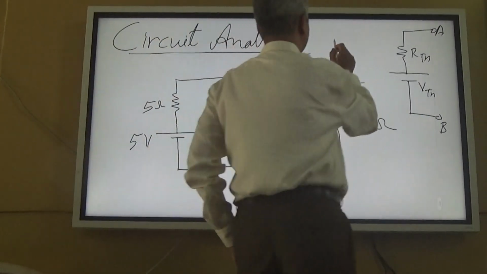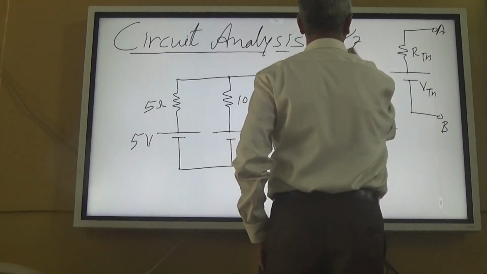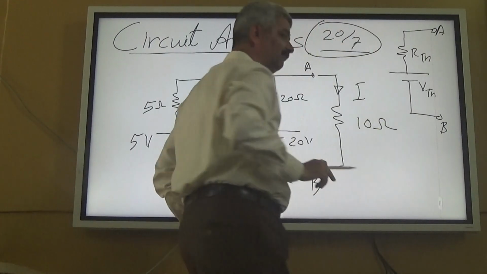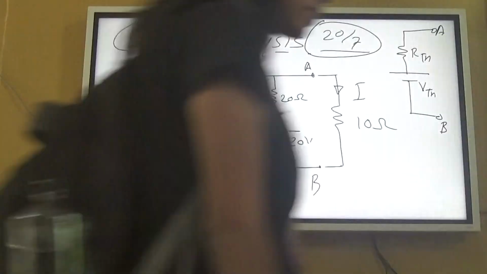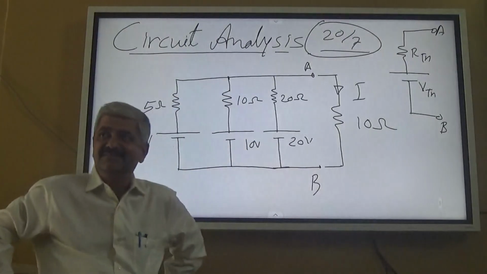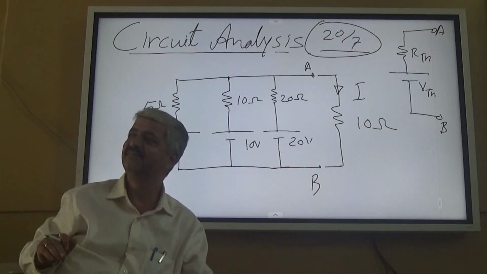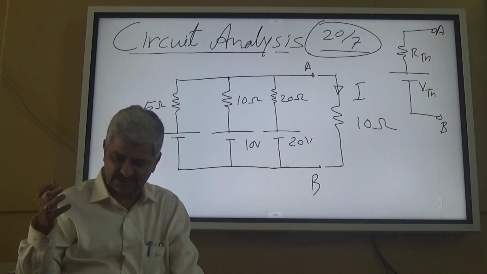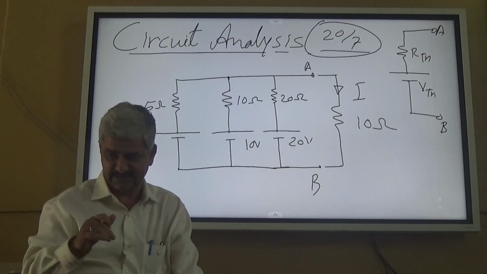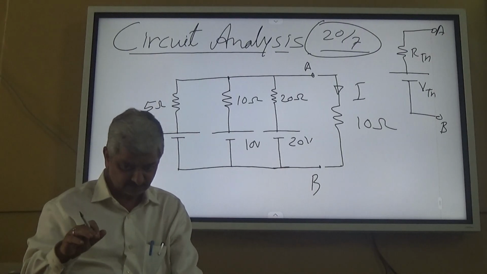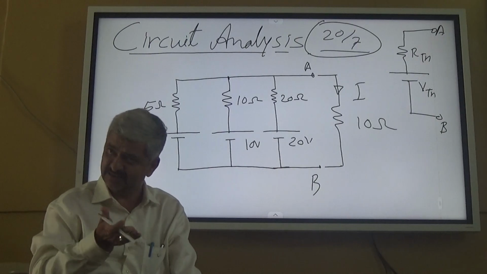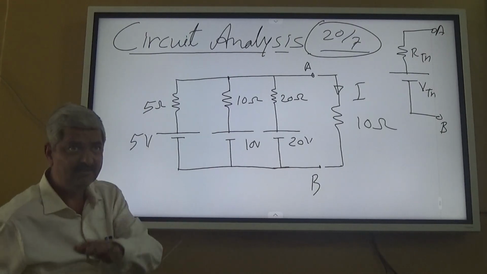And how do you calculate VTH? VTH is the open circuit voltage, by considering one voltage source at a time. One voltage source at a time, you calculate the voltage, right? The other two you will short, right? Then add.